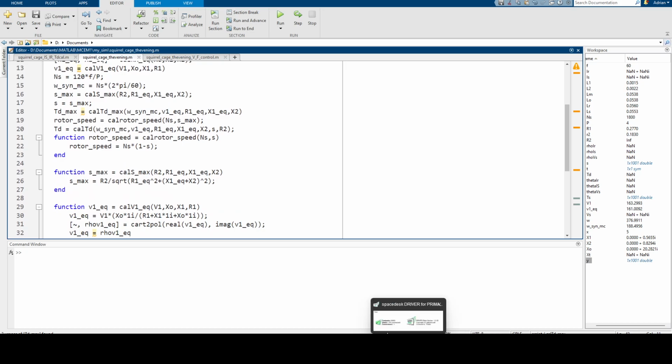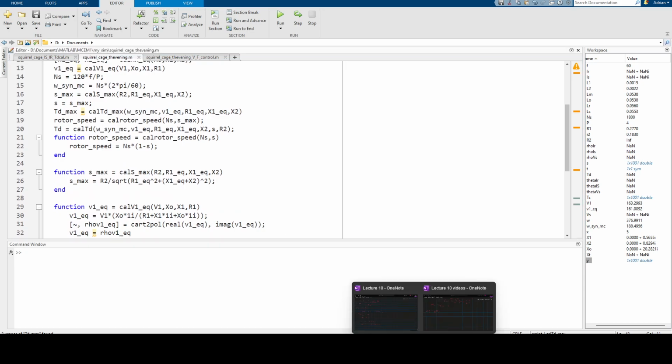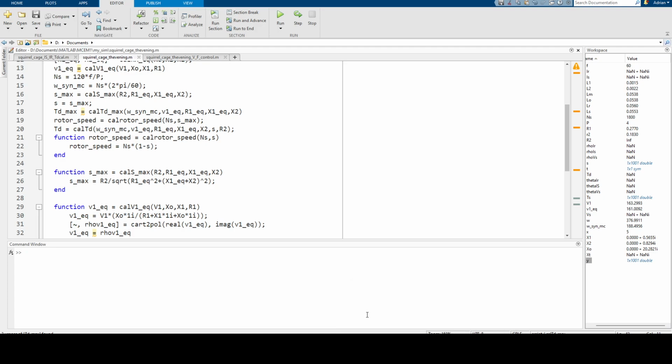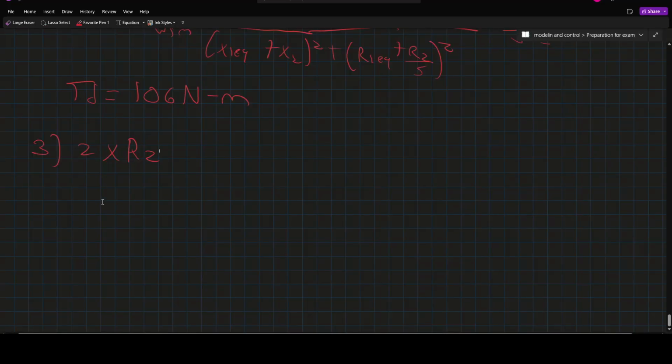If we just plug the new values, we get a rotor speed of 10.75 RPM and a developed torque of 174 newton meters.